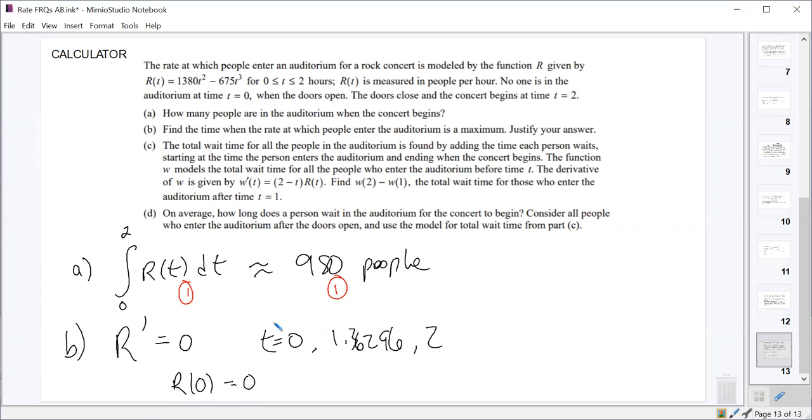R of 0 is clearly 0. R of 1.36296 was 854.527. And R of 2 was 120. So which one of those is the biggest?